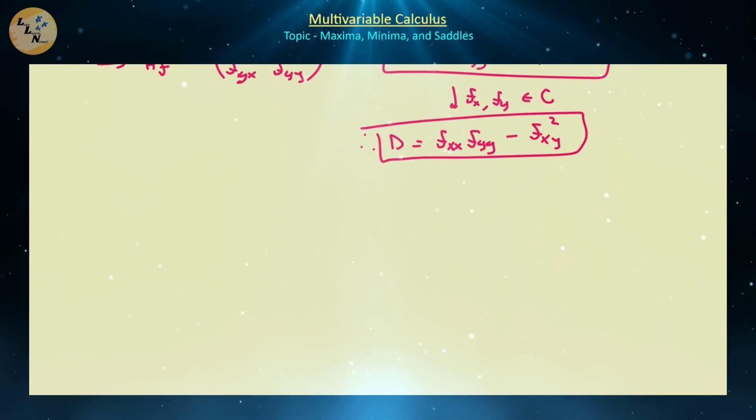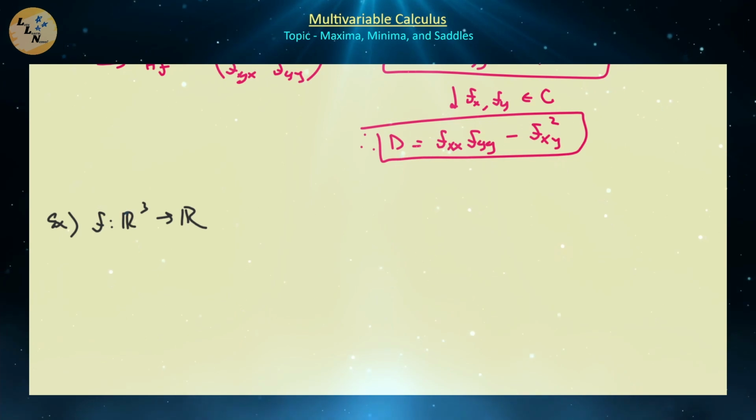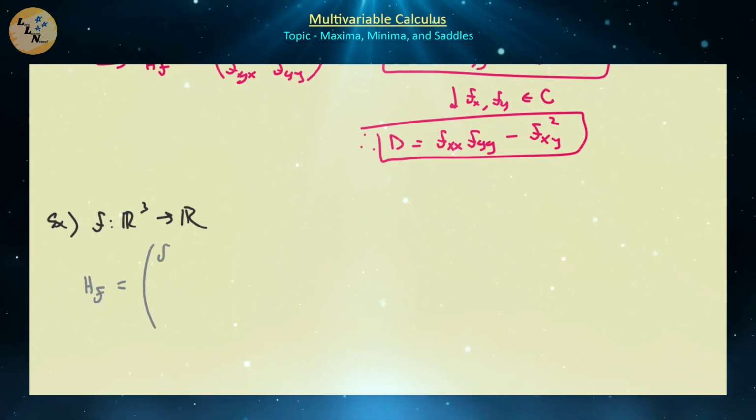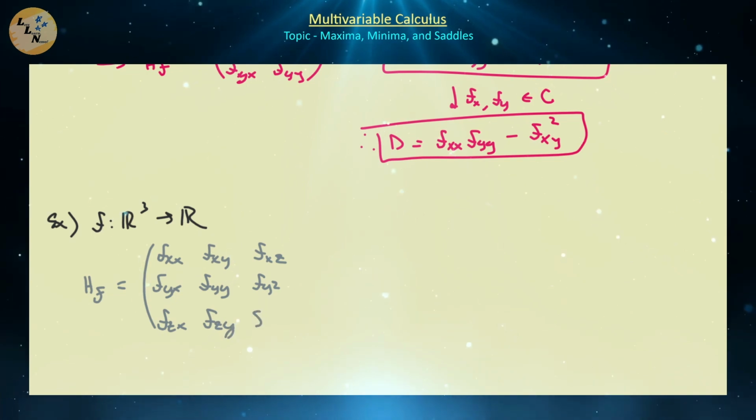And if we have a 3 by 3 matrix, for example, if f maps R3 to R, what is our Hessian matrix going to look like then? The Hessian matrix is going to be fxx, fxy, fxz, fyx, fyy, fyz, fzx, fzy, and then fzz, and we need to find the determinant of this 3 by 3.